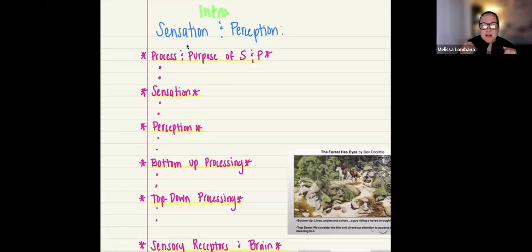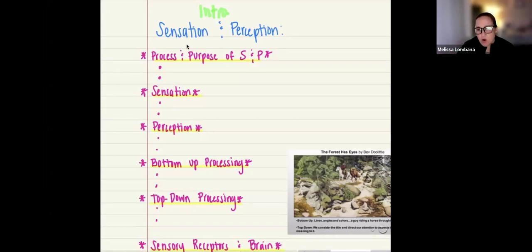Our brain is the one that makes the perception of our world. Technically our brain is in darkness. Our brain really doesn't know what's going on around us. The only way that it's able to do that is through our senses, so our senses are really what interact with our environment.